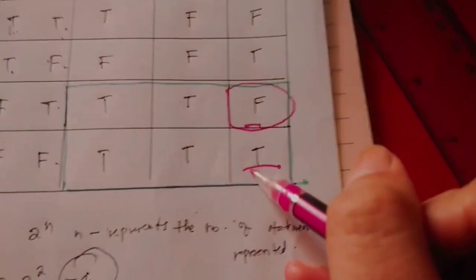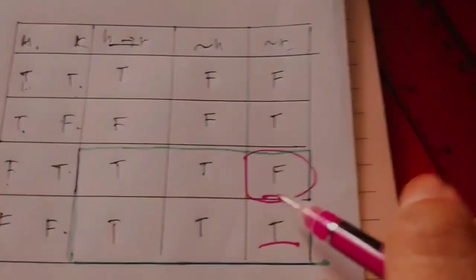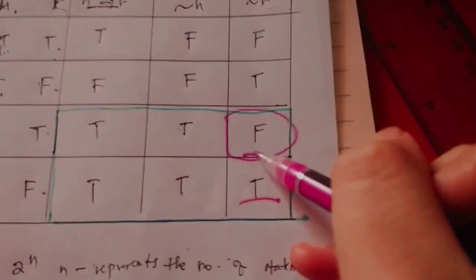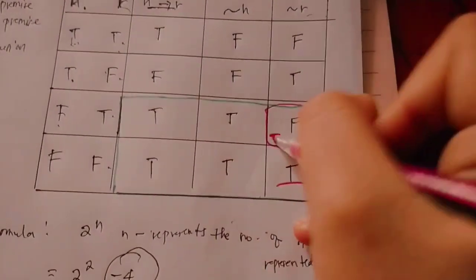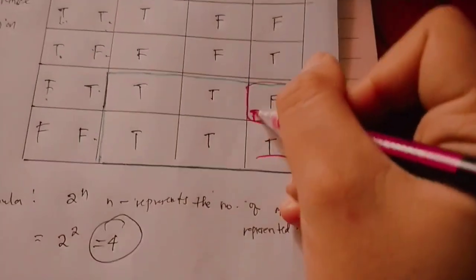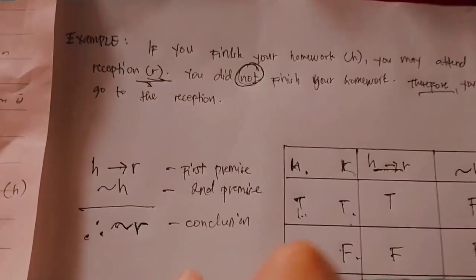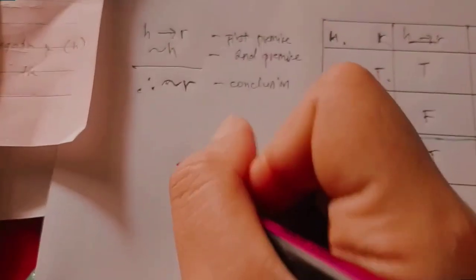So this statement is invalid because the conclusion in the 3rd row is not true. For validity, whenever both premises are true, the conclusion should be true to be a valid statement. So this is an invalid argument.